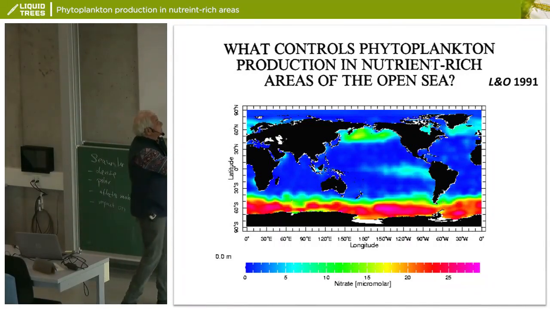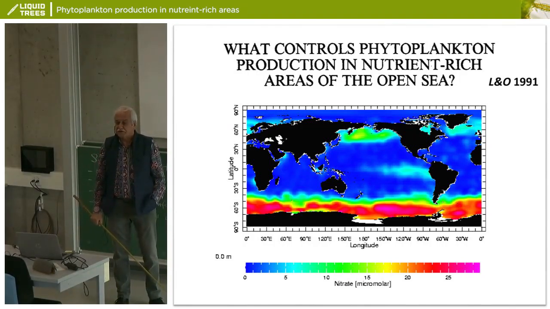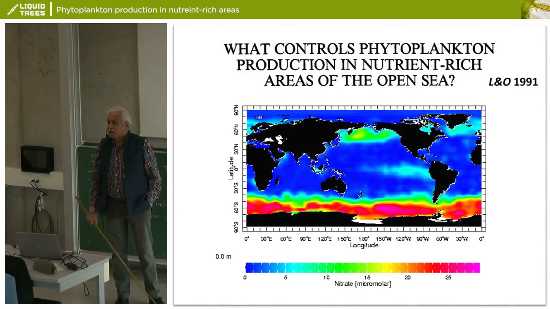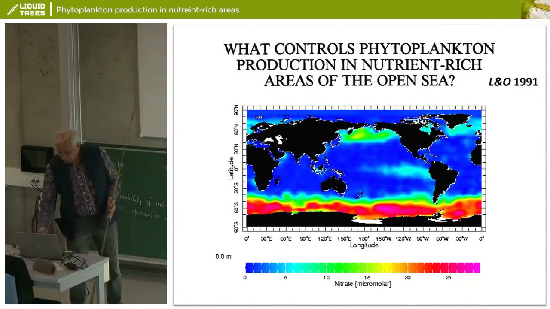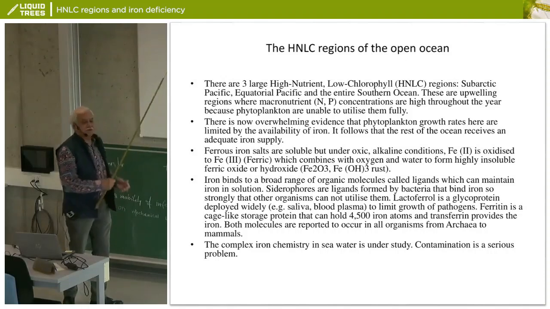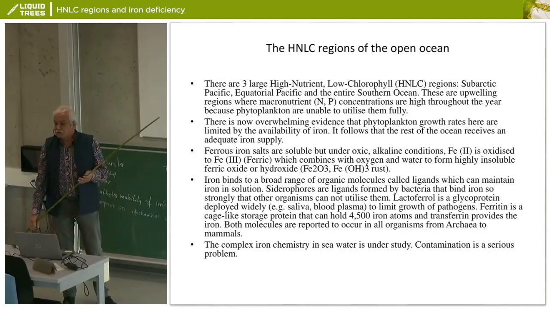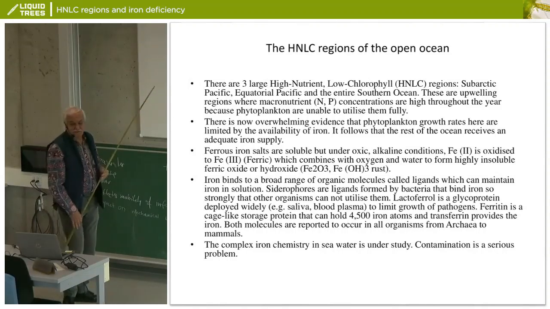The North Atlantic is an exception because it gets dust from the Sahara. The Sahara is a huge reservoir of dust, and dust contains iron, and that's why there's a bloom there. Now, this has a lot of repercussions, because this is something which you all should know. For the exams, I keep saying that. What is important?